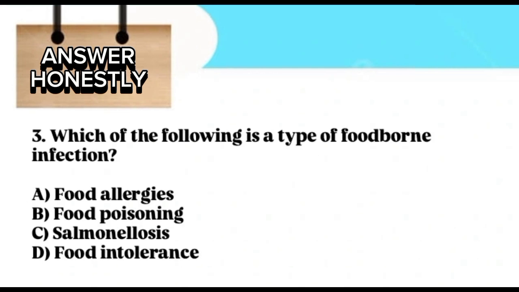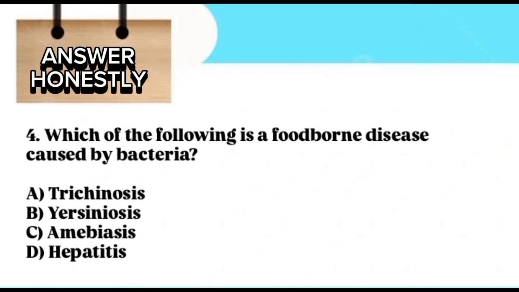Question number 3. Which of the following is a type of foodborne infection? A. Food allergies. B. Food poisoning. C. Salmonellosis. Or D. Food intolerance. Question number 4. Which of the following is a foodborne disease caused by bacteria? A. Trichinosis. B. Yersiniosis. C. Amoebiasis. Or D. Hepatitis.